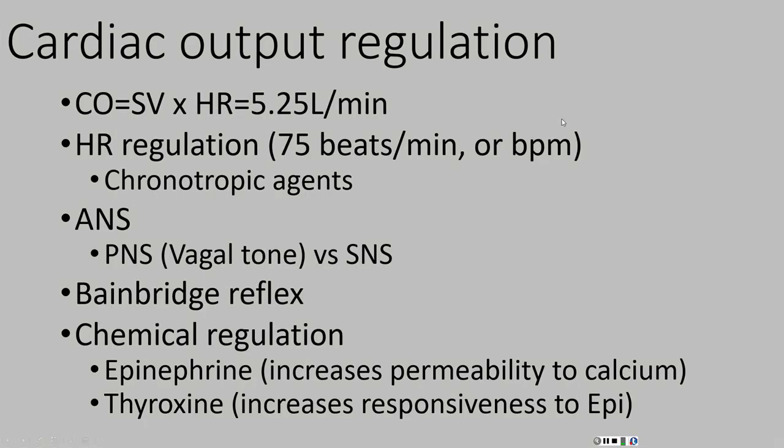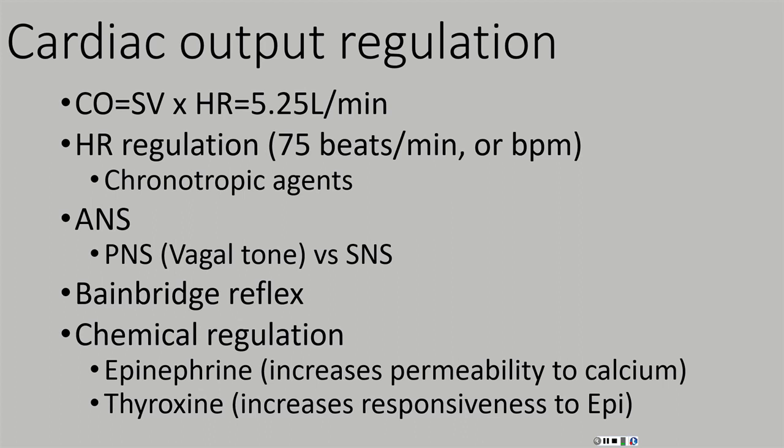So, heart rate regulation. Well, normal heart rate is 75 beats per minute at rest, we've already learned that. And things that affect heart rate, either increasing it or decreasing it, are called chronotropic agents.